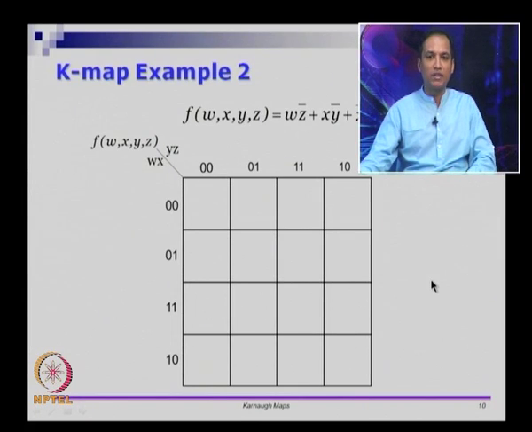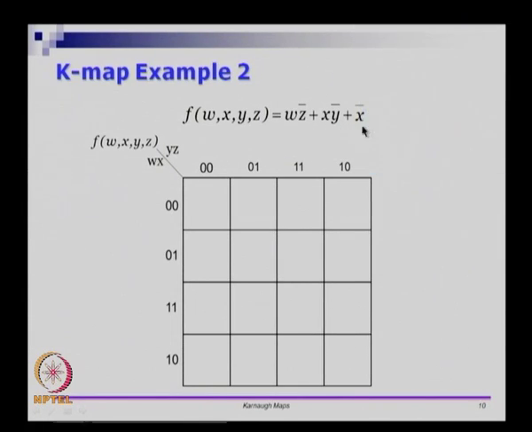Let us look at another example here, WZ bar plus XY bar plus X bar. Let us say that is the thing that we want to capture. So let us see what the cells are that correspond to WZ bar. We want W to be on and Z to be off, which means we have to look at the rows where W is on.